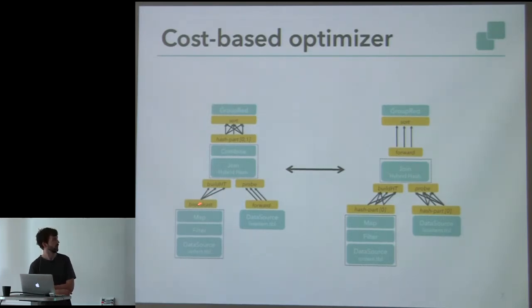Here, for example, we perform a hybrid hash join, and these are 2 strategies for how this could be executed. In one case, we just hash partition and shuffle the data. In another case, we broadcast one side, the build side, to the join operator, which can be more efficient if you have a small data set on the broadcast side.